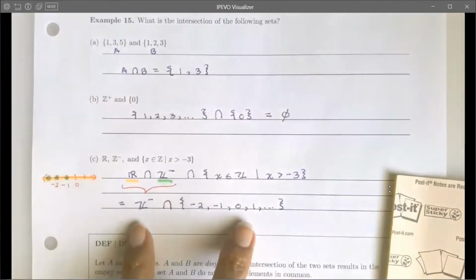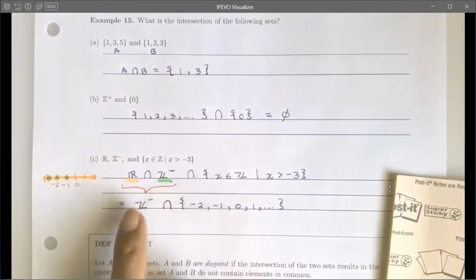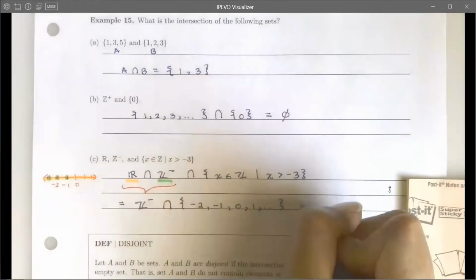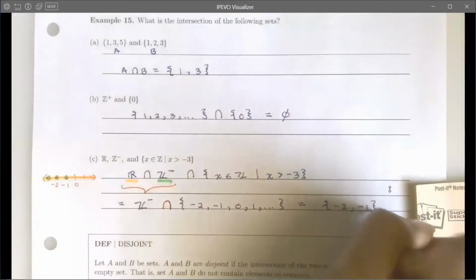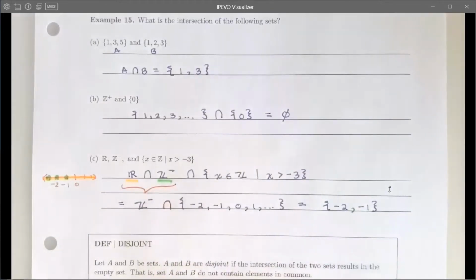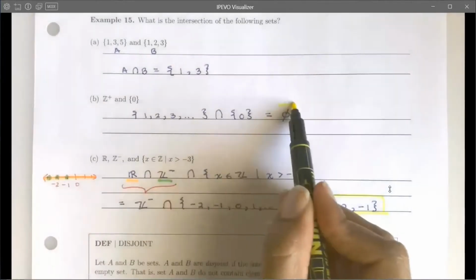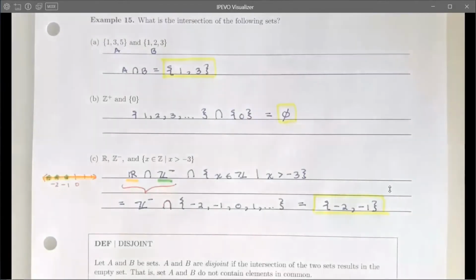So if we want to see what elements these two sets share in common, well, Z minus has only negative elements, so that would have to be -2 and -1 that they share in common. And that would be our final answer. And I haven't really been highlighting our answers, boxing them, but I'll do so now. That way there's no confusion as to what is the final answer.